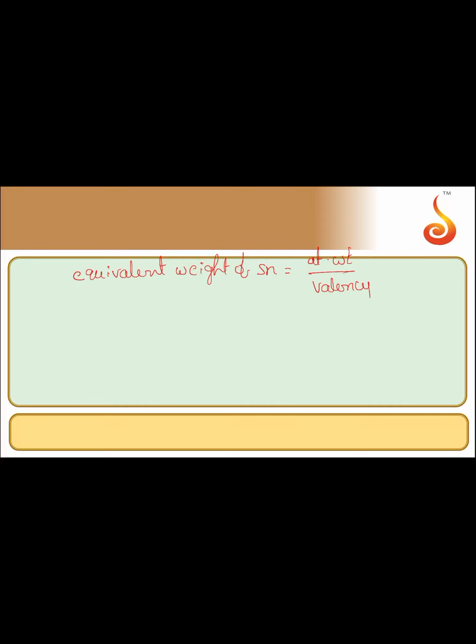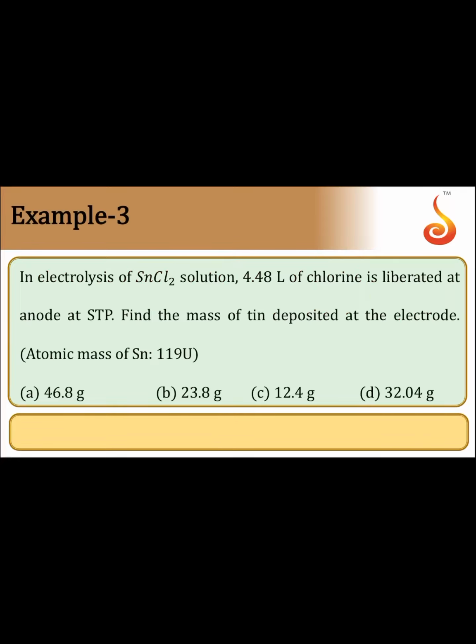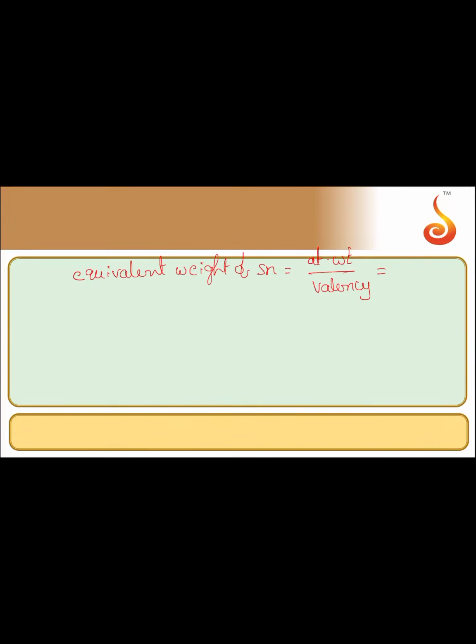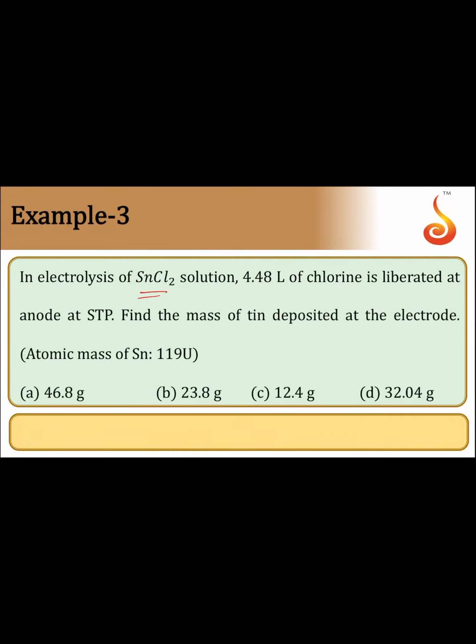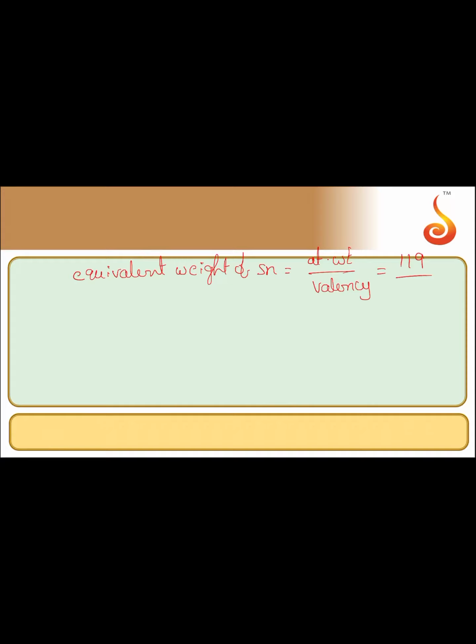Atomic weight of tin is given here as 119. In SnCl2, tin valency is 2. So 119 by 2 gives 59.5 grams, which is the equivalent weight of Sn.